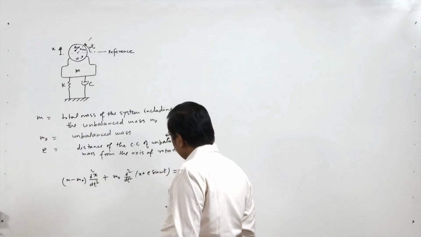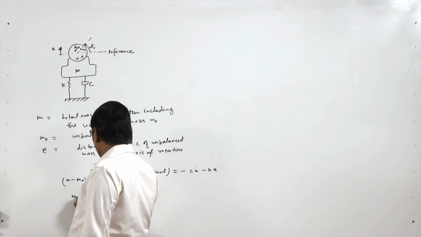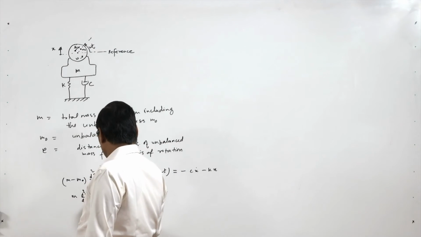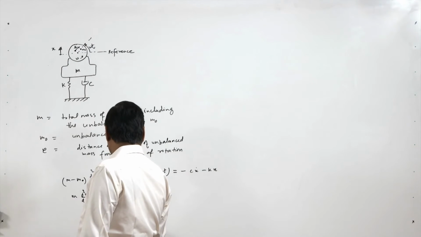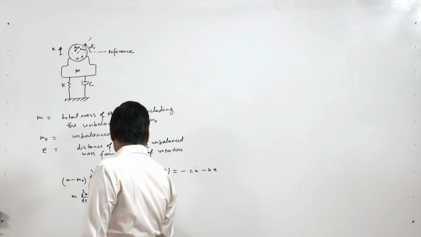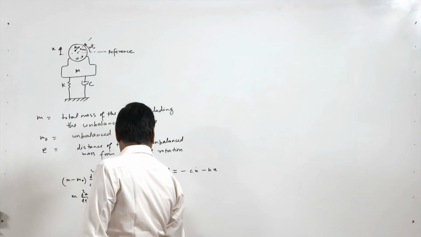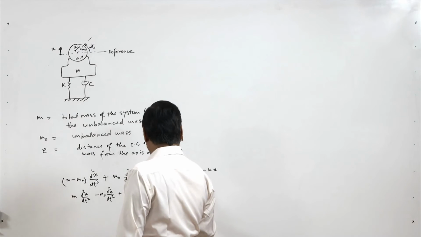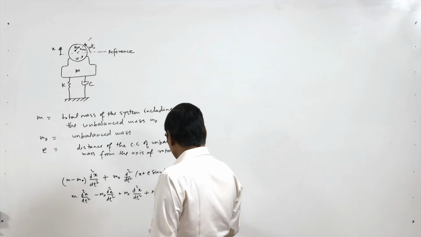Okay. So now we can write m d square x by dt square minus m0 d square x by dt square plus m0 d square x by dt square plus m0 e d square by dt square of sin omega t.